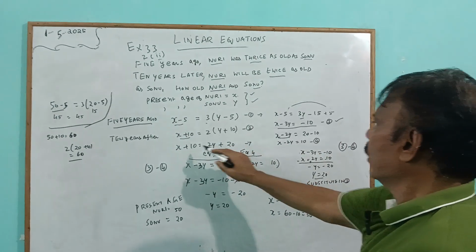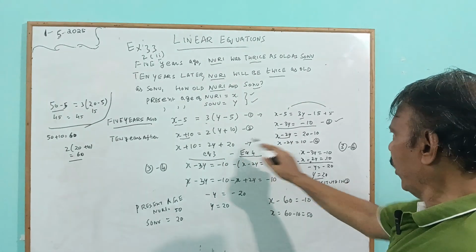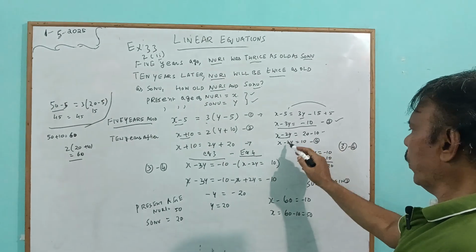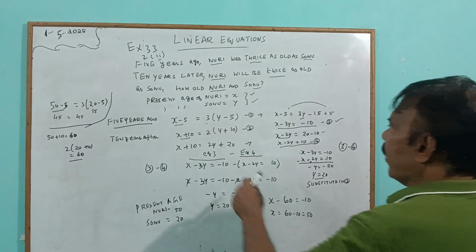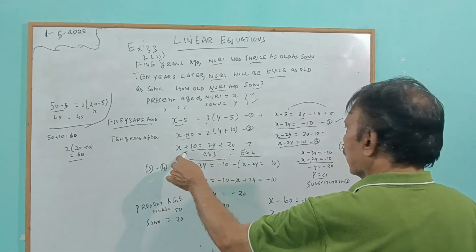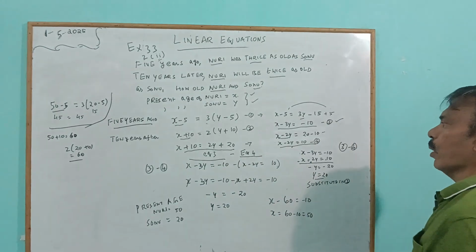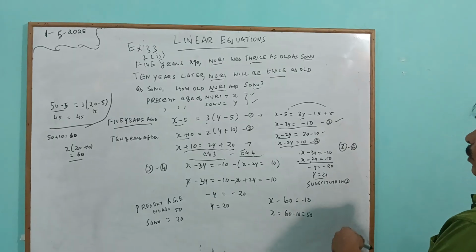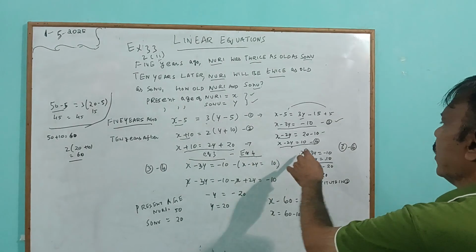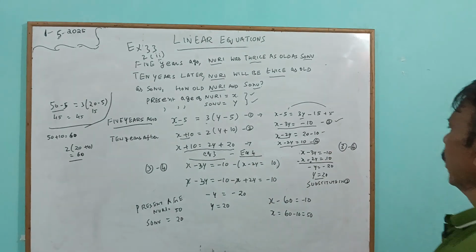This 10 comes here, so 20 minus 10. So x minus 2y equals 10. This is equation 4.